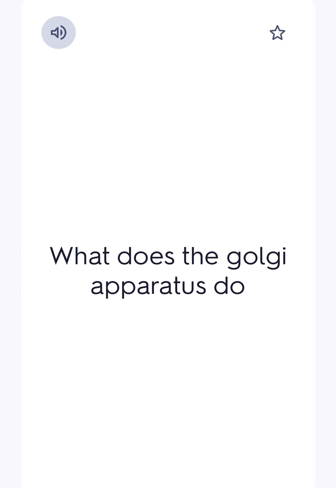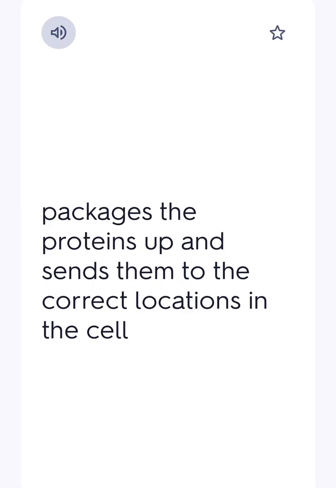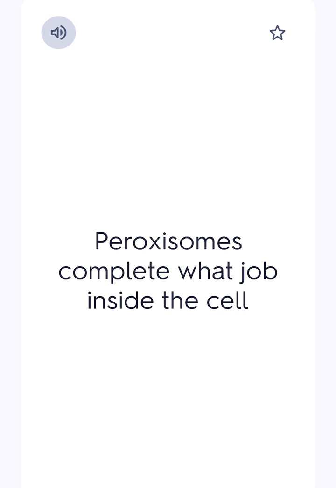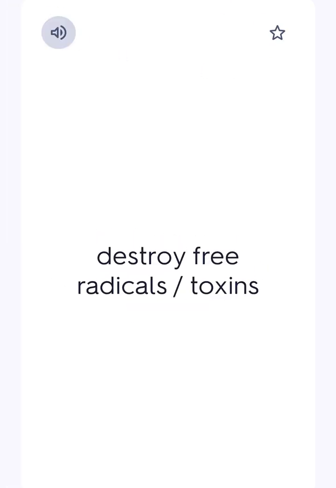What does the Golgi apparatus do? Packages the proteins up and sends them to the correct locations in the cell. Peroxisomes complete what job inside the cell? Destroy free radicals/toxins.